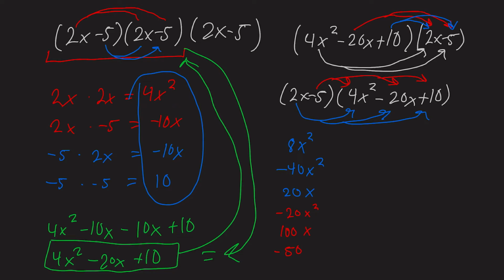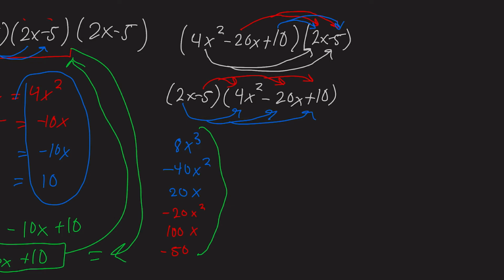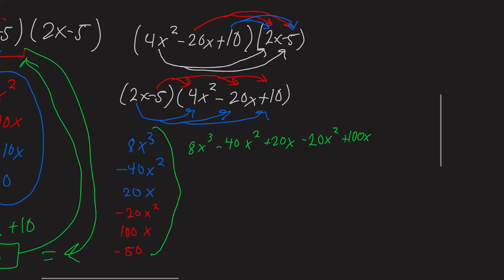So now I need to combine all of these to get my final answer, my resultant from this multiplication. That's going to become, oh, this is supposed to be a to the third, excuse me. This is going to become 8x to the third minus 40x squared plus 20x minus 20x squared plus 100x, a little bit more room, minus 50.